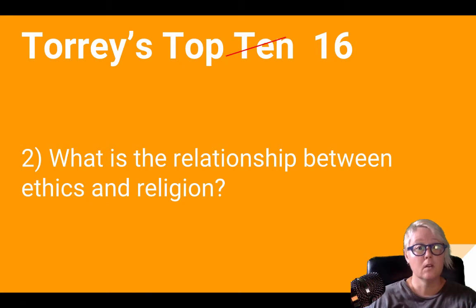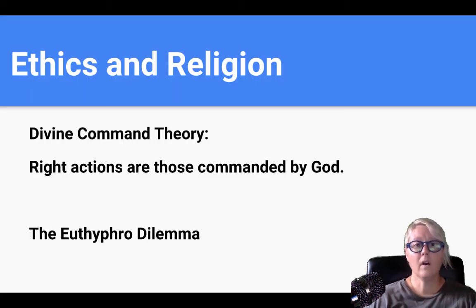Number 2. What is the relationship between ethics and religion? One ethical theory that we'll look at briefly is the divine command theory. Basically, this theory states that the actions that are right, the things that are good, are those things that are commanded by God.